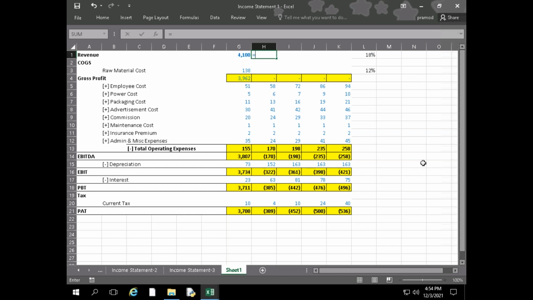Formula: open the bracket, previous year value into 18% bracket close. That multiplied value should be added to the previous year value. So this is the formula. Copy it, paste it in a different sheet, and do that for all revenue and COGS, change it and see where you might get loss and where you might get profit.